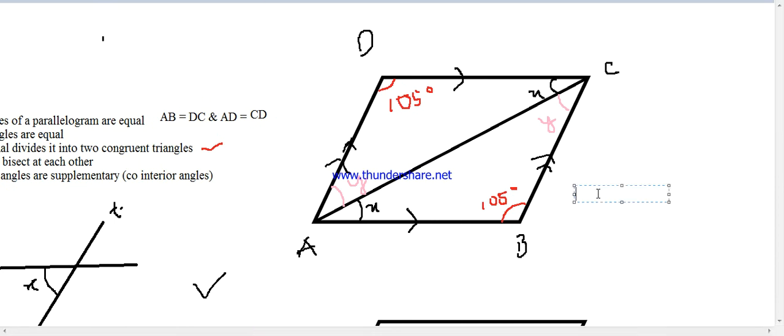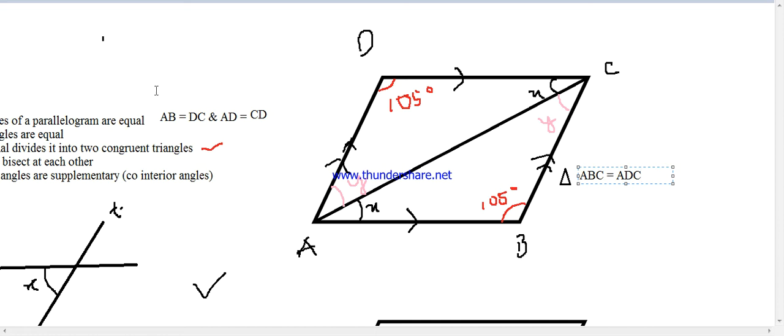That means triangle ABC is equal to, or the congruent symbol will be there, triangle ADC.